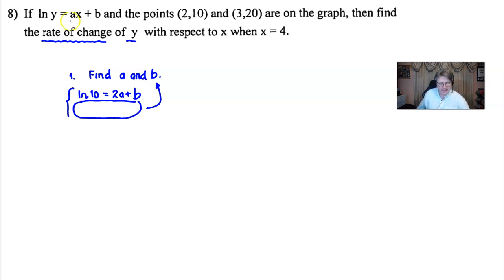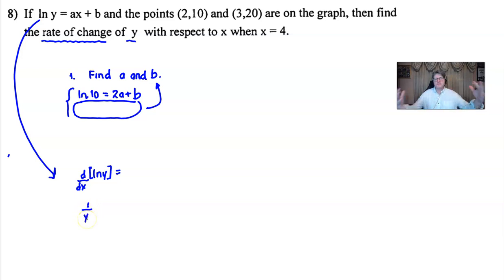Once you have your a and your b, just jump on down here and take this derivative with respect to x. Now I want to review something. On the left side, the derivative with respect to x of the natural log of y is going to be 1 over y, just like you've always been taught.